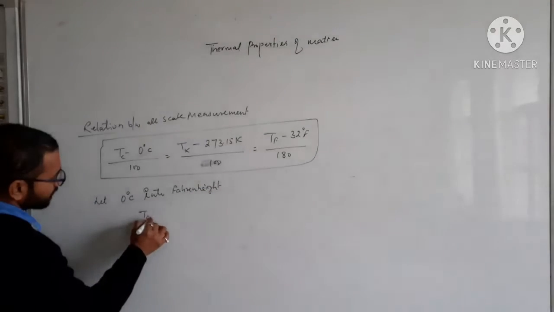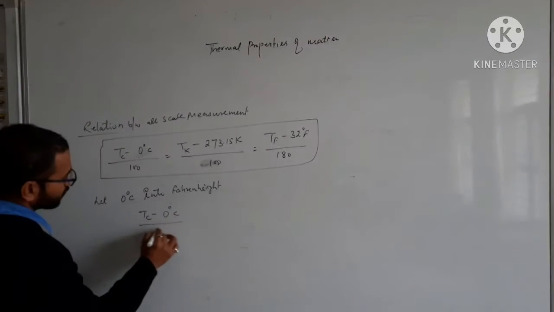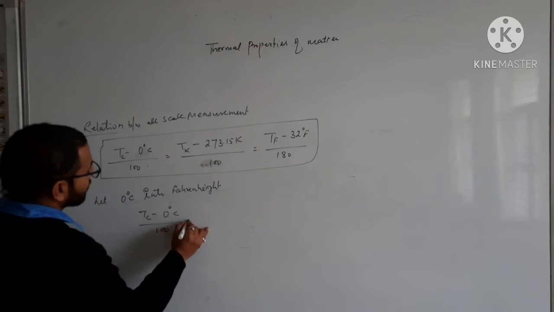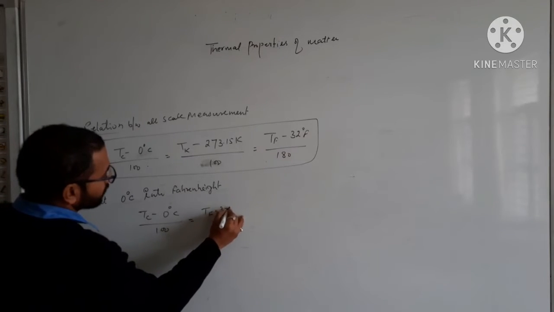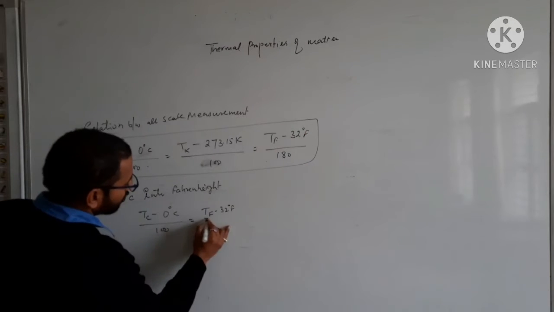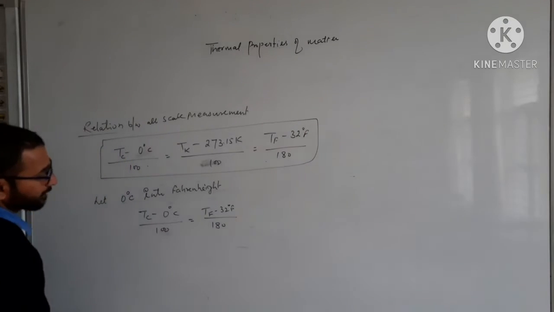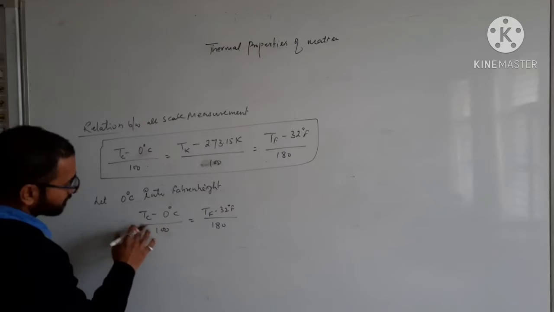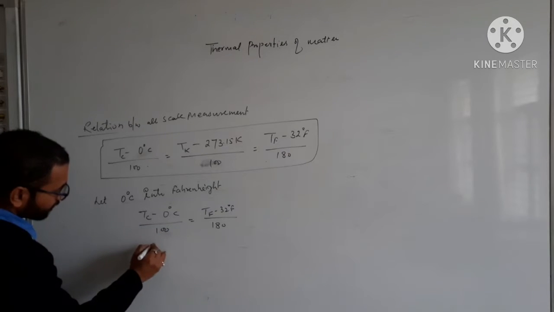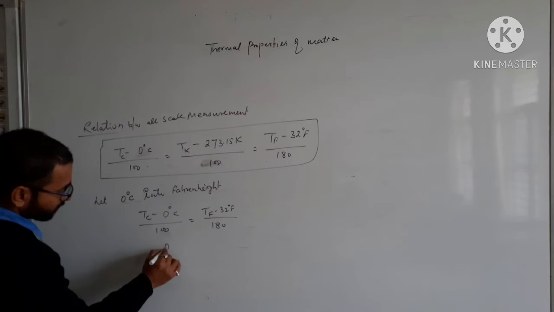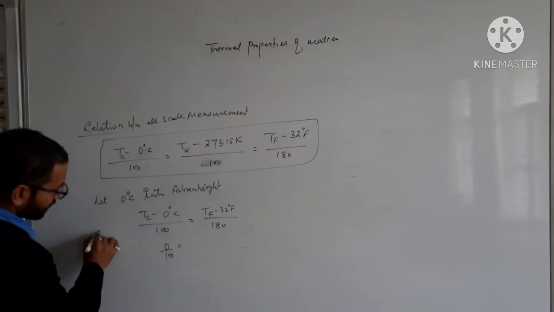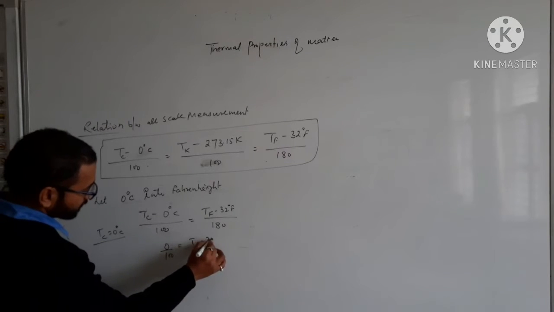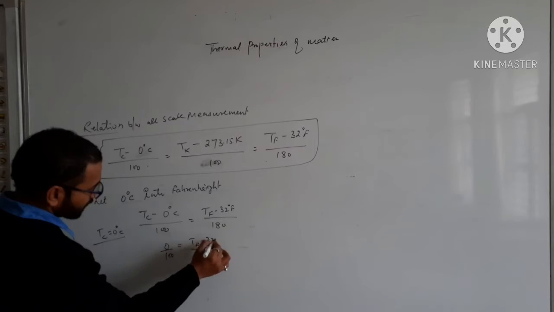Let's see: Tc minus 0 degree over 100, we will use this relation, equals Tf minus 32 degree Fahrenheit over 180. Point clear? So after that we will use here 0 degree Celsius. Tc is 0 over 100, so 0 degree Celsius equals Tf minus 32 over 180.